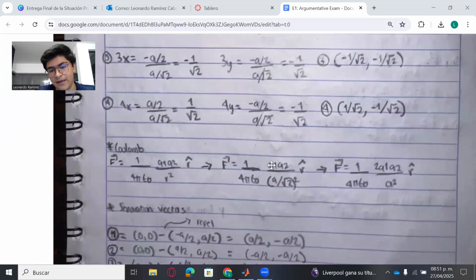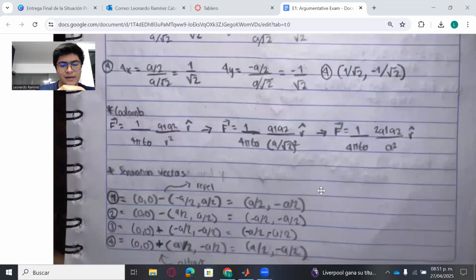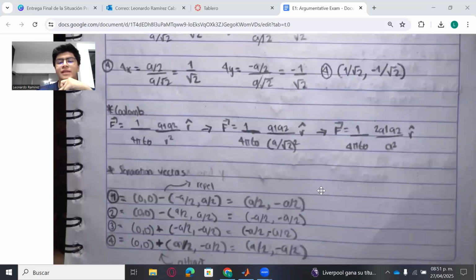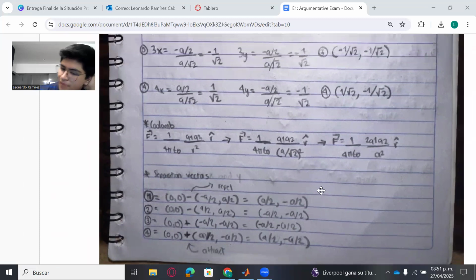And then we also have here the two charges, which we are analyzing. And we have here the R. What can we do with this R?